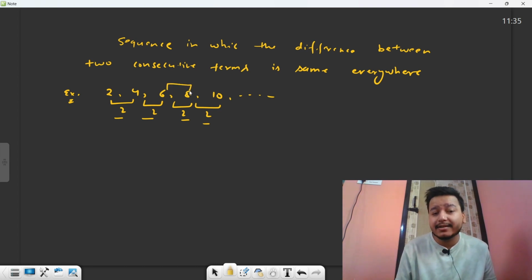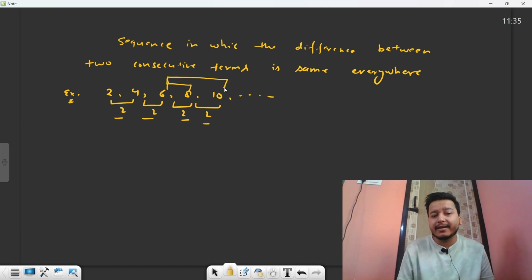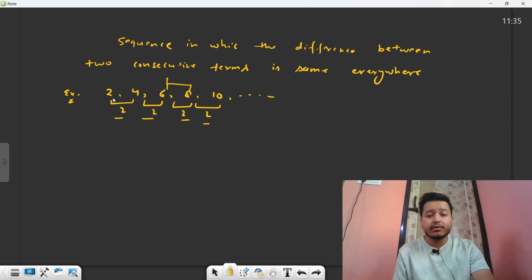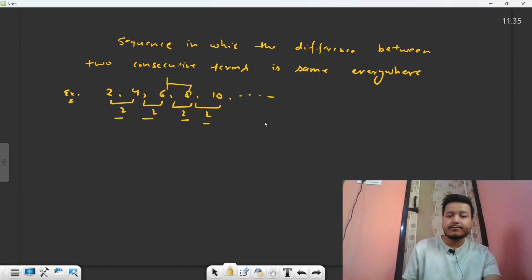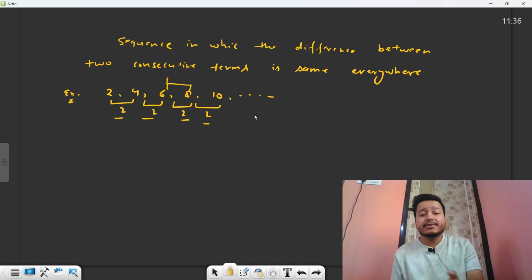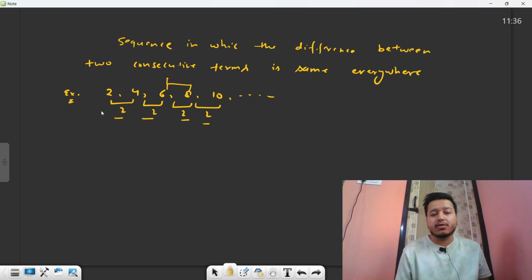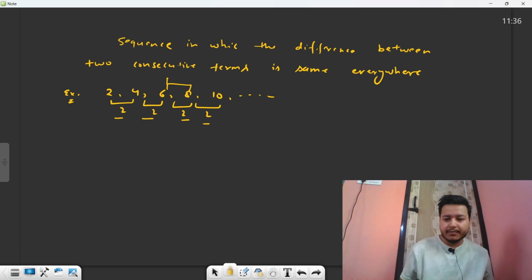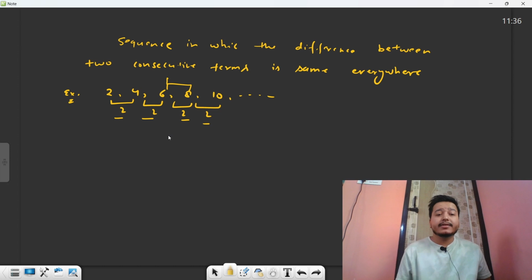It's between 6 and 8, not between 6 and 10. We will not take the gap between 6 and 10 because these numbers are not consecutive. Consecutive numbers are 6 and 8, or 8 and 10, or 4 and 6, or 2 and 4. So the difference between two consecutive terms is the same everywhere, and this series is called an arithmetic progression. You got it? So now we understand what an AP is.